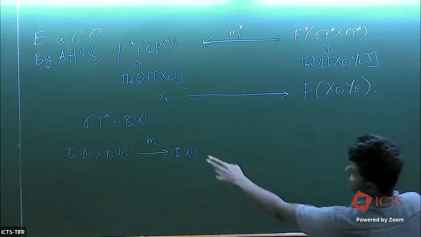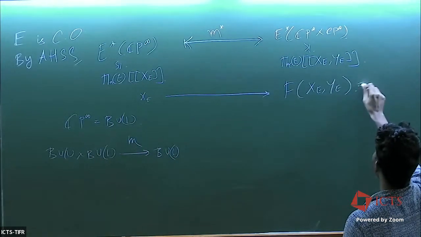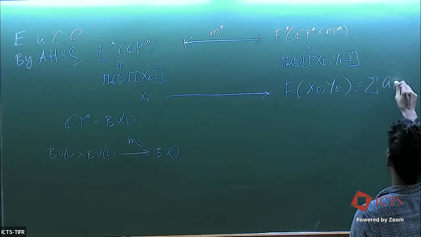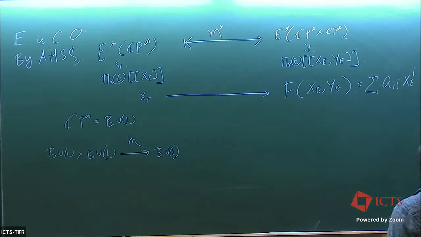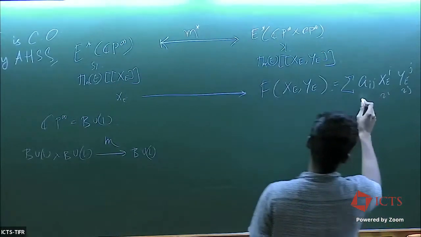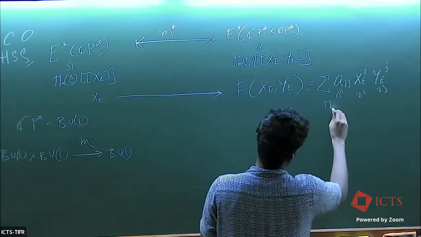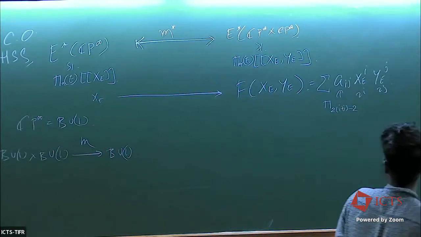Now, as XE is in degree 2, this whole expression, let us write it as the sum of Aij XE^i YE^j, should be in degree 2 as well, and this has degree 2i, this has degree 2j. So my Aij should be in pi of 2(i plus j minus 1).